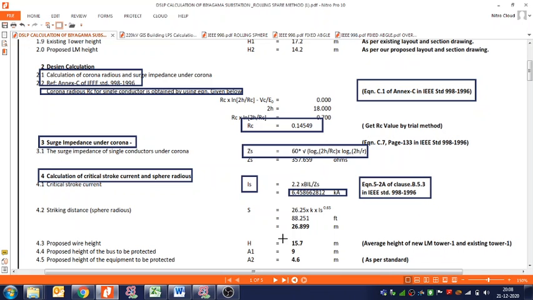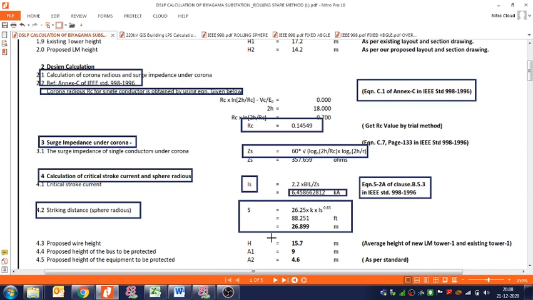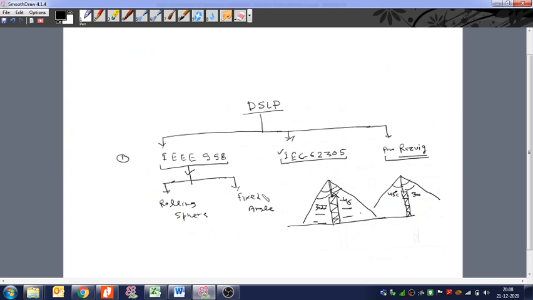Thereafter, we calculate the striking distance or the radius of the sphere by using this formula. So this is the striking distance. So we can say in the rolling sphere method, if we summarize all the steps, first we calculate the corona radius, that is RC, and we calculate the surge impedance during the corona.